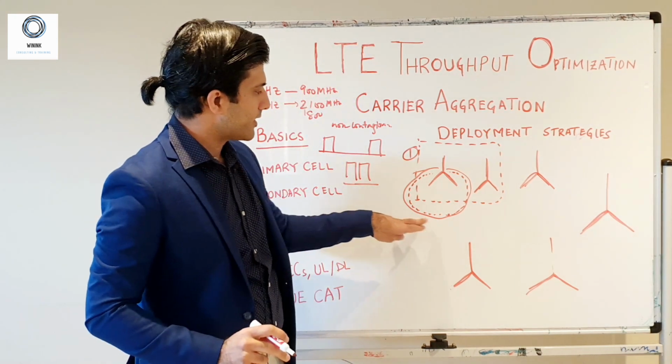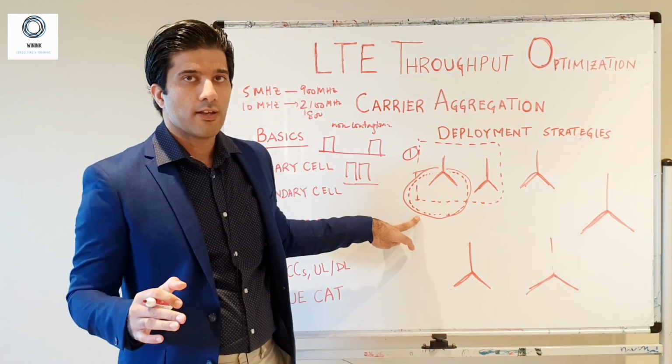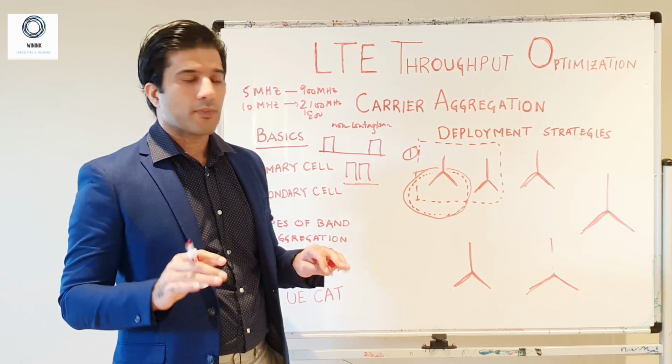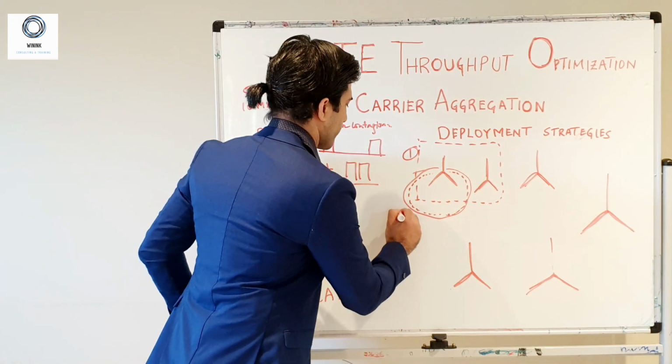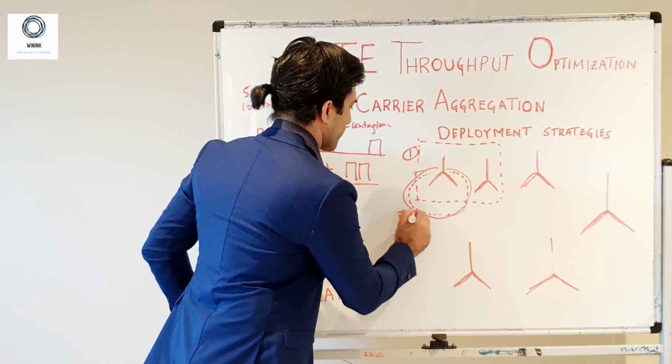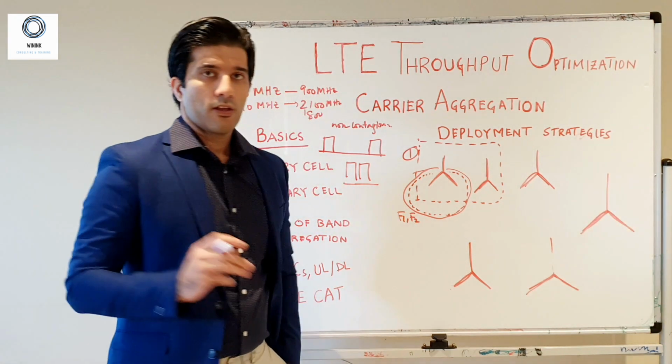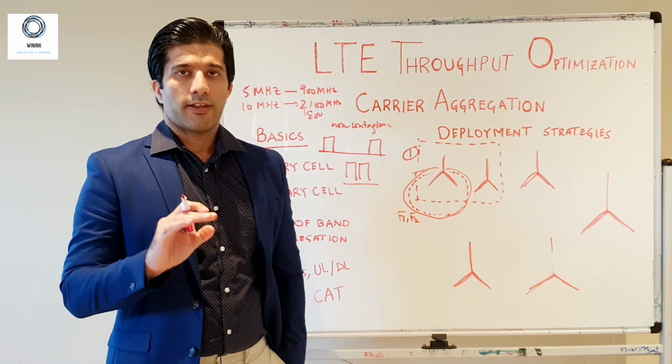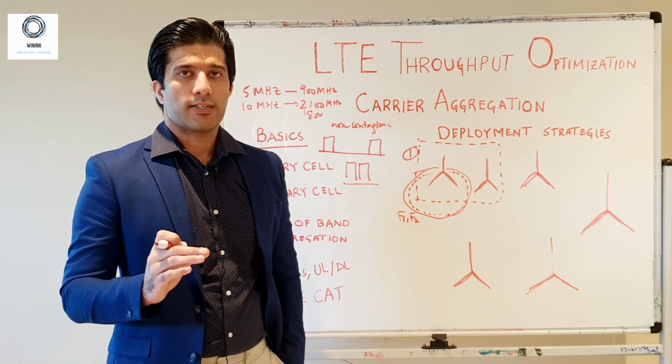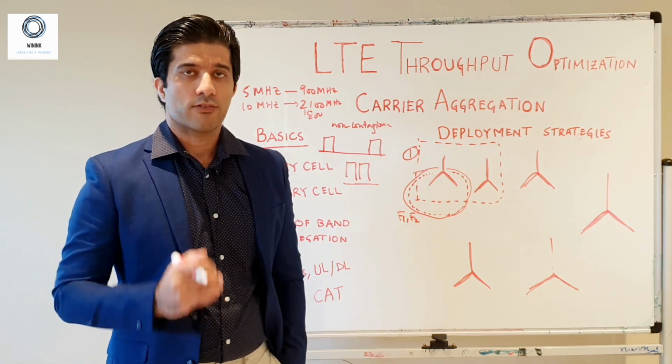So you can see that their coverage is almost similar. They're basically overlaying each other, and you have frequency F1 and frequency F2. So they are overlaying each other, and basically the concept of the second component carrier is for capacity.